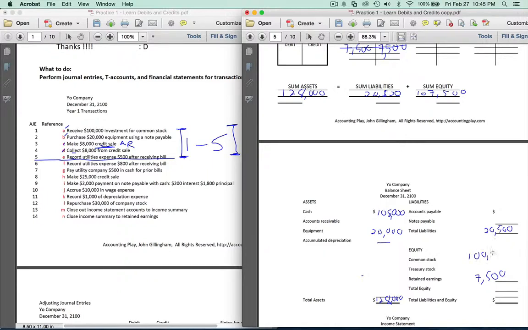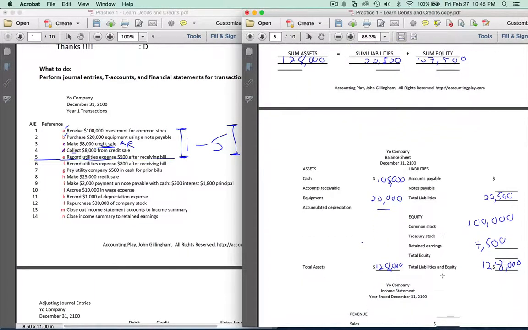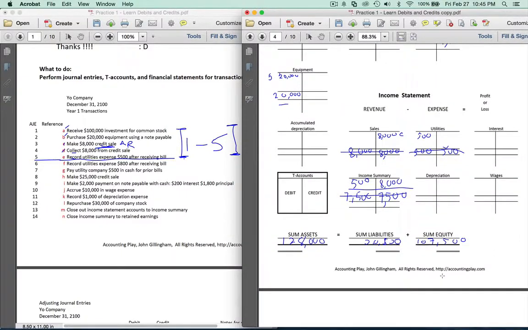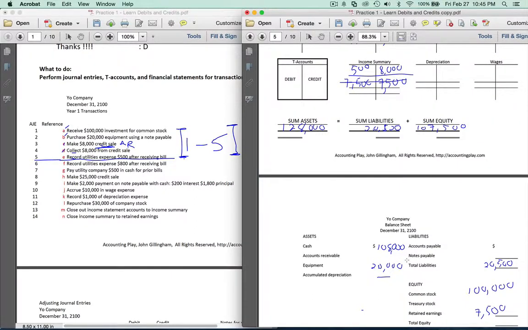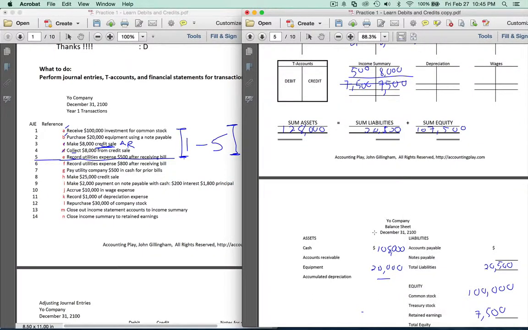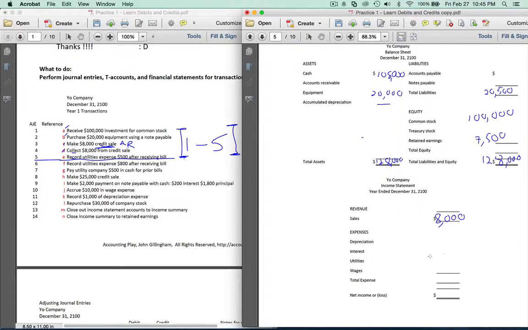Common stock 100,000, right? Liabilities plus equity better equal assets. In this case I'm saying 128. Yeah? That's a CPA that can think outside the lines. So sales 8,000. Go ahead and pop that in there. 8,000. And then we also had 500 of expense. Total expense was somewhere 500. I don't even know what it was. What was it?